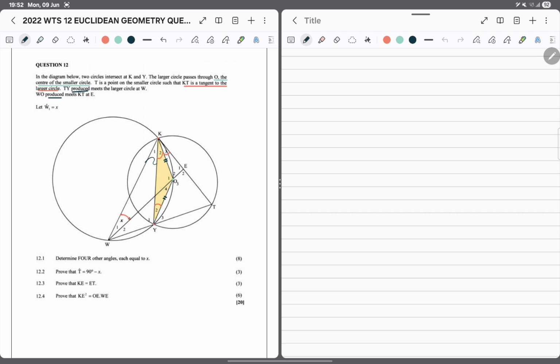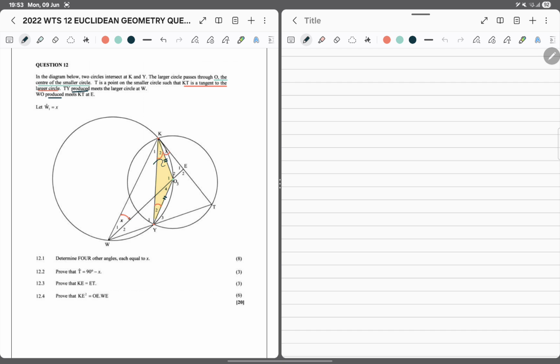So what we will appreciate is that that yellow triangle is isosceles. And so those angles opposite the equal sides are going to be equal. Okay, so we have that piece. So what we can conclude is that KO bisects TKY. As you can see, K2 is equal to K3 as a result.